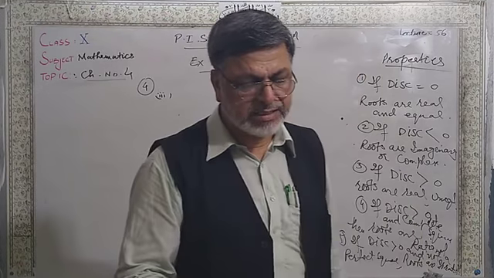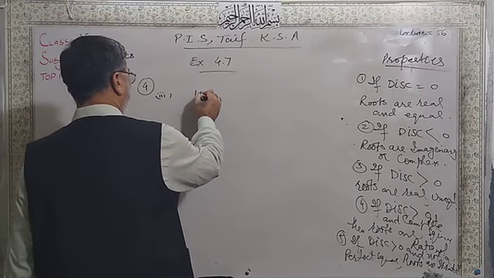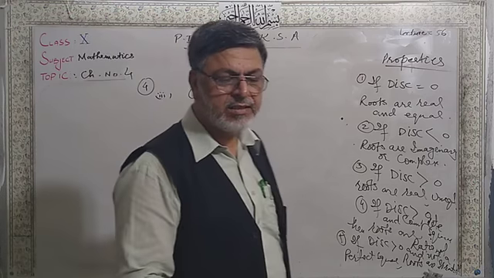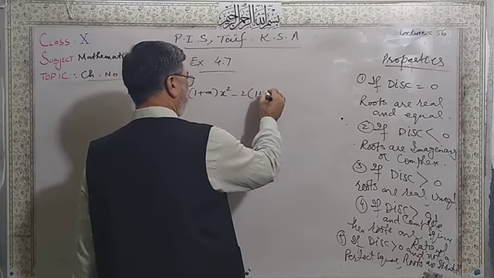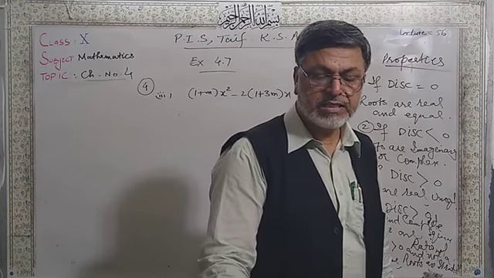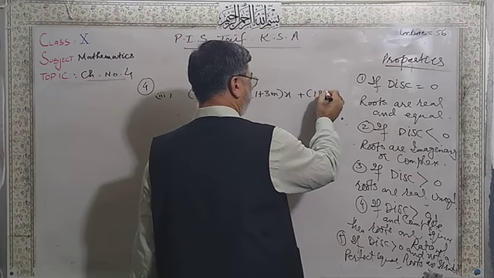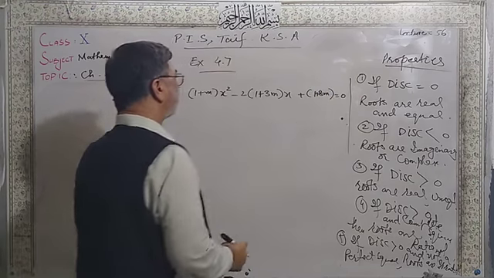Here is (1 plus m) into x square minus 2 into (1 plus 3m) into x plus (1 plus 8m) equal to 0.